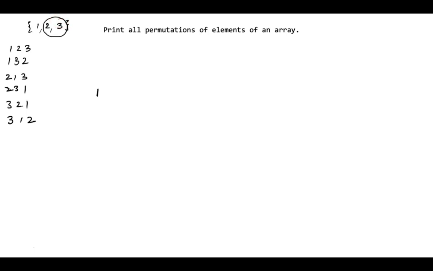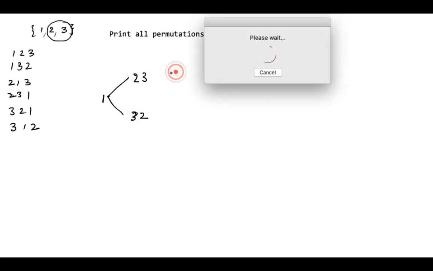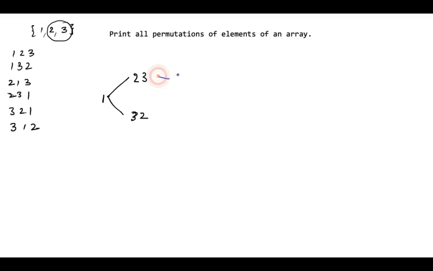So two elements can have two different permutations. Either it is 2 3 or it is 3 2. So this will print 1 2 3, and this will print 1 3 2.